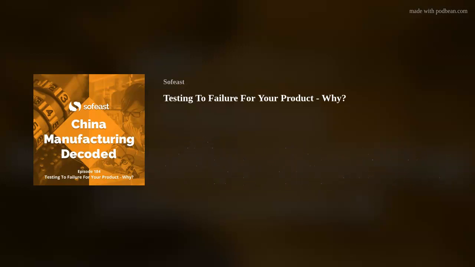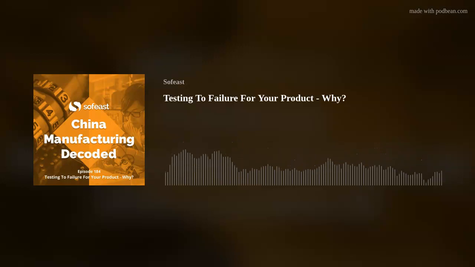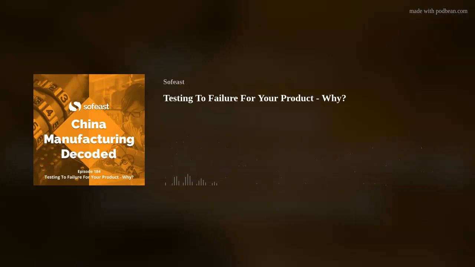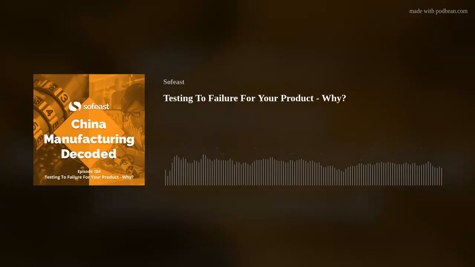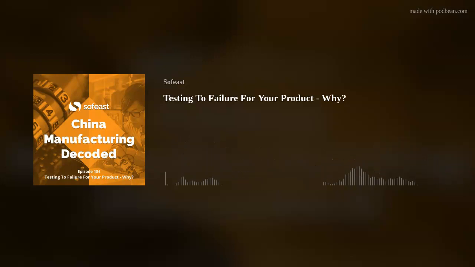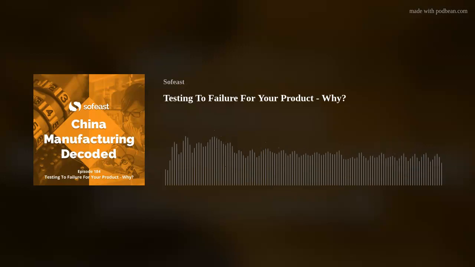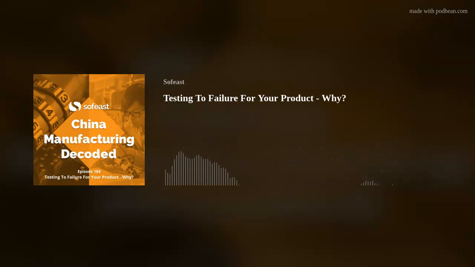And then, of course, the last part that I think is important is innovation. When you're doing test to failure, honestly, you could run into situations where you accidentally find products and components that could last forever and are very durable. You'll be like, oh my God, this thing is performing a lot better than I expected. Why?